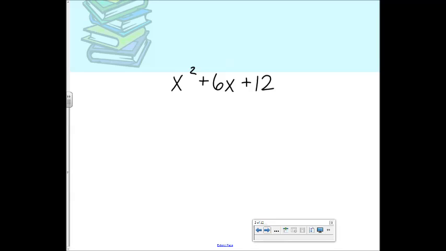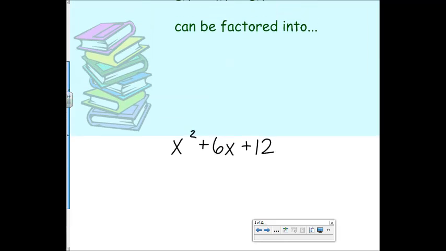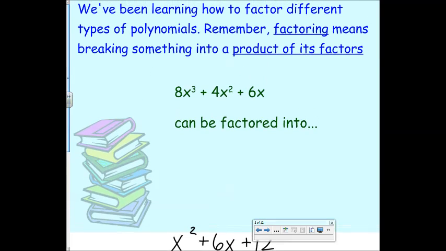But let's take a look at this one right here. So what could I factor this into? I would factor out a 2 and an x, right? Because they all have x's. So I would look at that like 2x, and then what would that give me? Can I go x to the 2nd power?